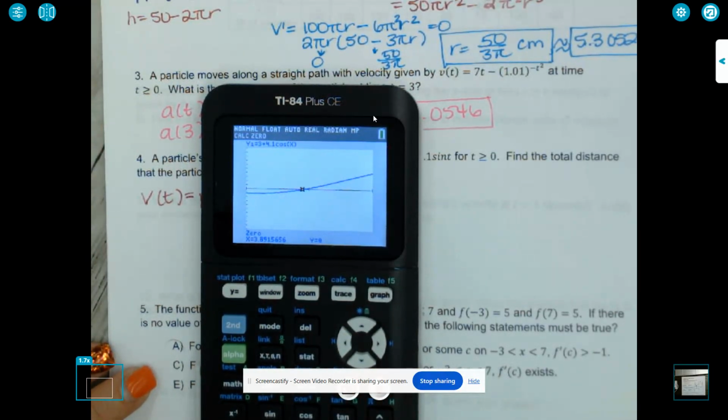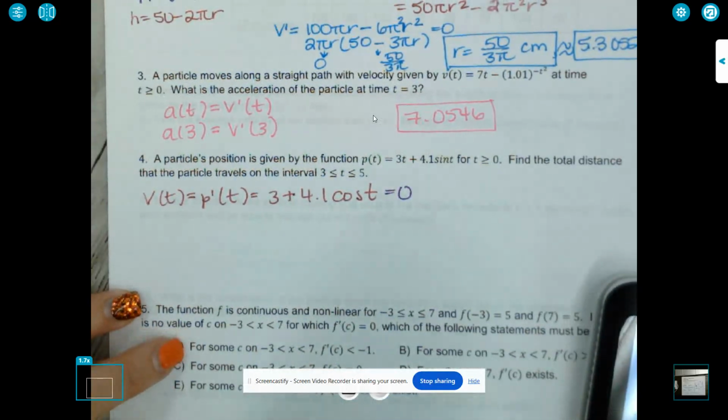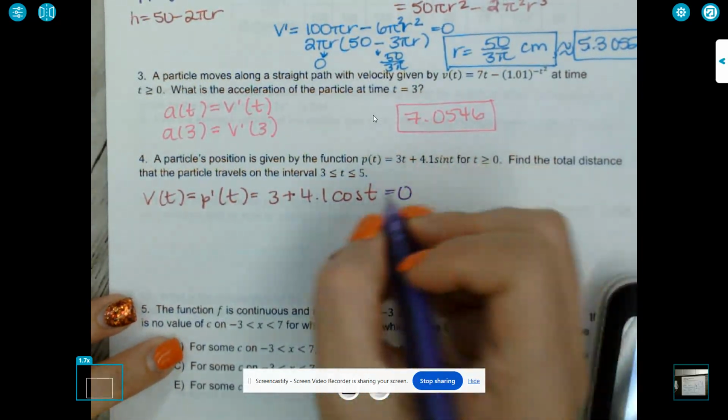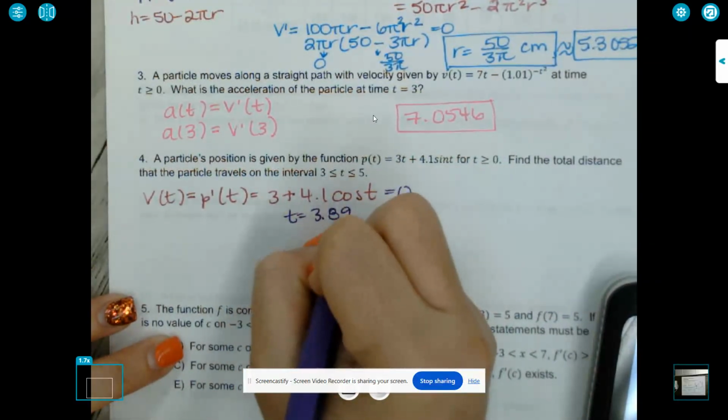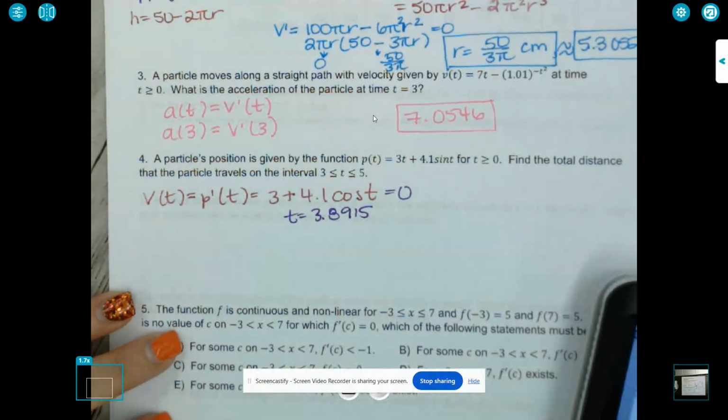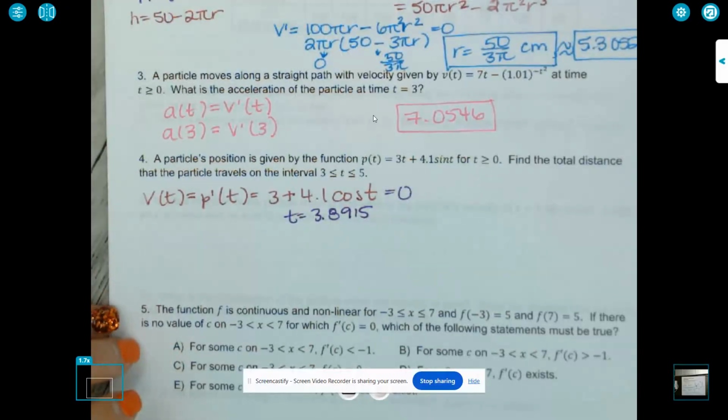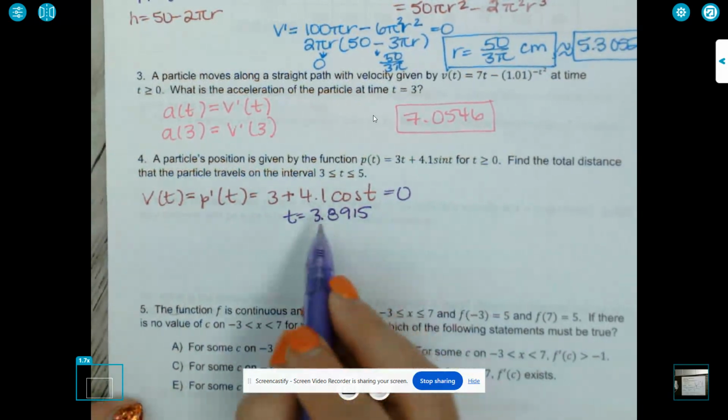So 3.8915 or 16. Depending on around 8915, 8916, it will slightly change depending on which one you used. I did use 8915. Okay, so now this is a critical point.